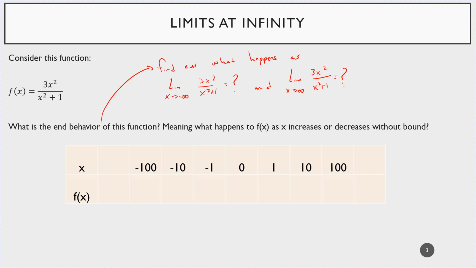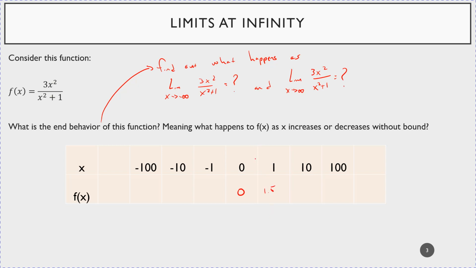All right, think back: one of the first things we looked at was how you find a limit. We use a table of values, and you just plug these numbers in and see what's going on. Let's just start at 0. If I plug 0 in, I get 0 over 1, so this is 0. If I plug 1 in, I get 3 over 2, which is 1.5.